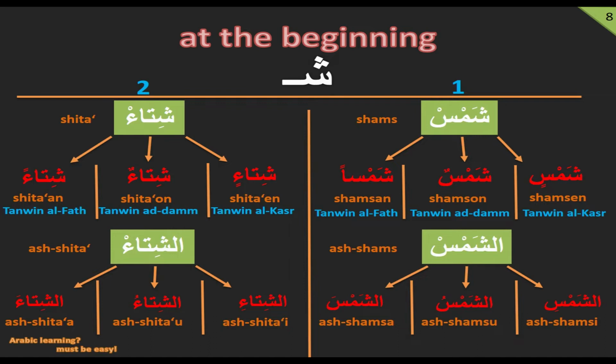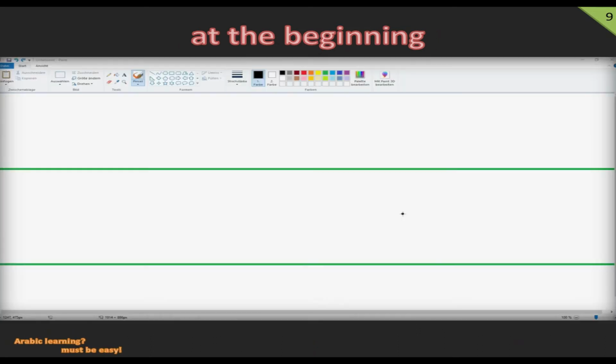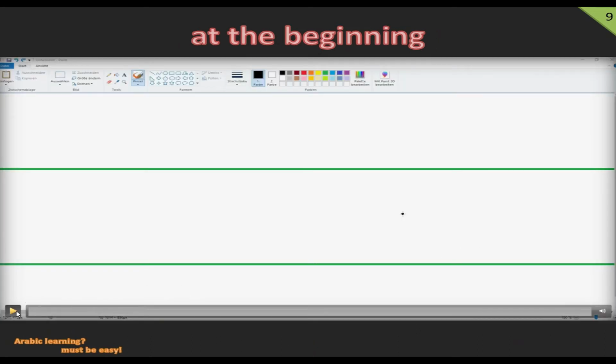The reason behind it is the letter hamza at the end of shita. As I said, there are certain letters like hamza or ta marbuta in the previous lecture. When they appear at the end of the word, then we use tanween al-fath without an addition of alif. Now a video to show how to write the examples.